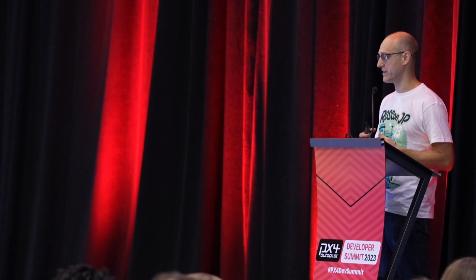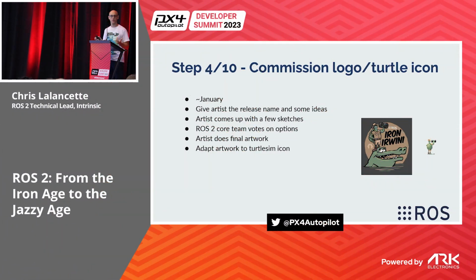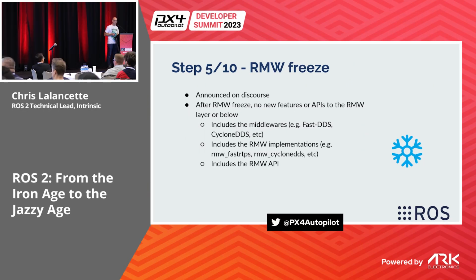We give him the release name, we give him a few ideas we've come up with, what we think it might be. He comes up with some sketches, and then we'll vote on those options, and then he'll finalize it. And the other small thing that happens here is that we have Turtle Sim, which is our tutorial-based simulator, and we have a little turtle that goes along with that. So that's all sort of the preparation work, right? That's kind of the fun, easy stuff.